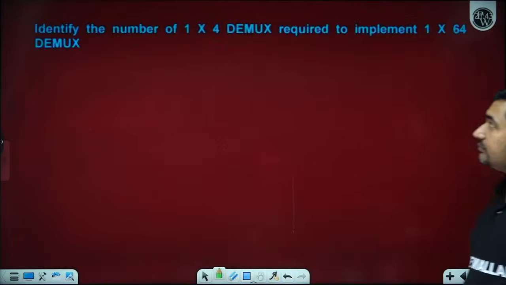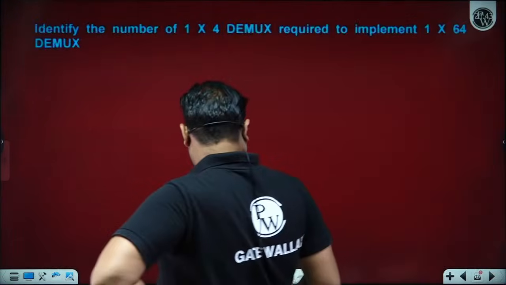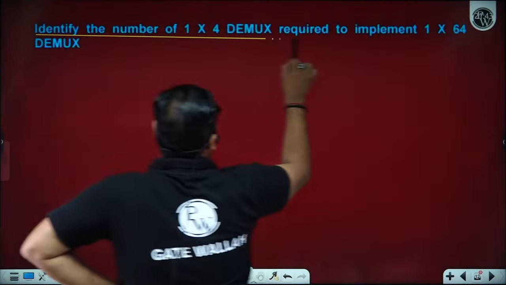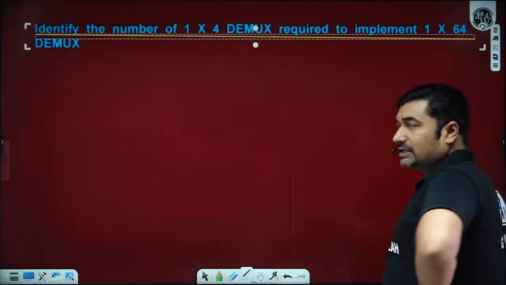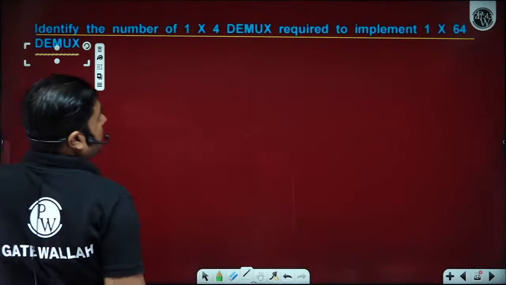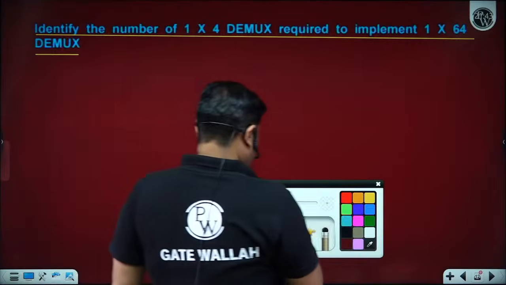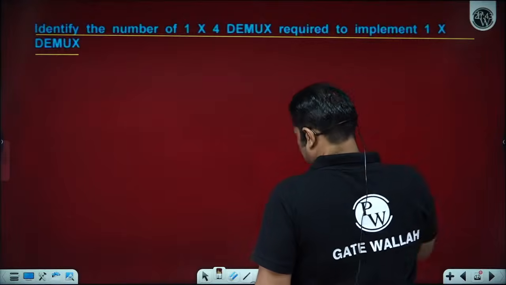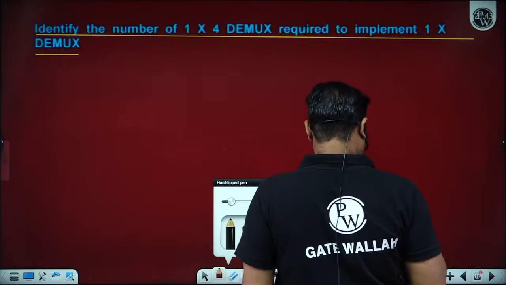Great. Can you now calculate the number of 1 cross 4 demux required to implement 1 cross 64? Let me change it to 16, okay? 1 cross 16 demultiplexer operation.